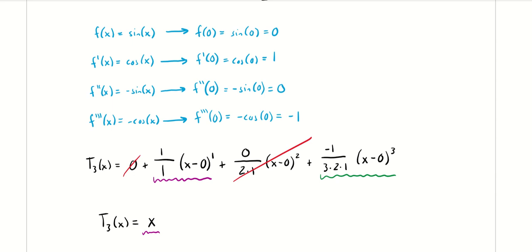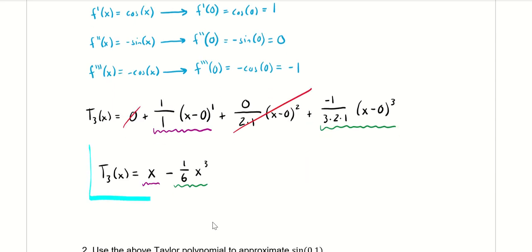Plus negative 1 over 6, right? 3 times 2 times 1, so I'm going to write that as minus 1/6 times x minus 0. x minus 0 is x cubed. So this thing is my third degree Taylor polynomial for the sine of x, about x equals 0.